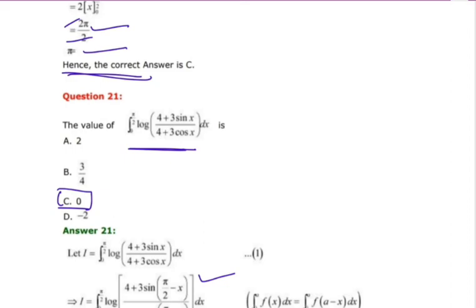Within 4 to 5 hours I'll complete this book, application of integrals. So only 2 chapters remain now, application of integrals and probability. Within 15 to 16 classes we'll conclude the whole syllabus. Later on we'll go for revision and for the JEE section, right?